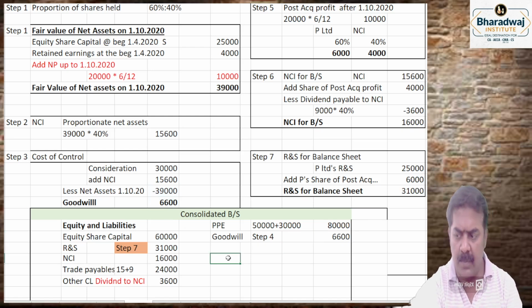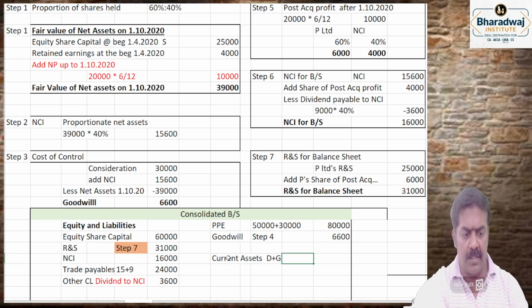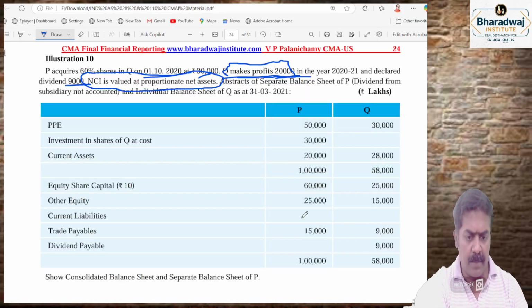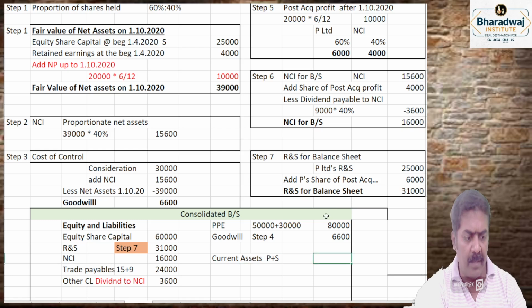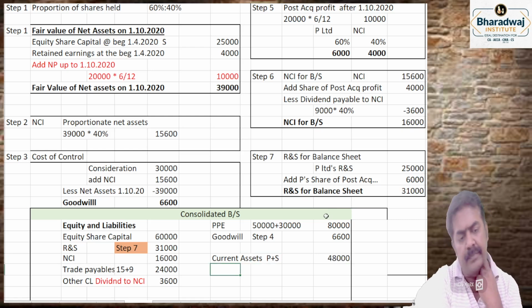Then what is the next one? Current assets of both the company. How much? 40? That's it.